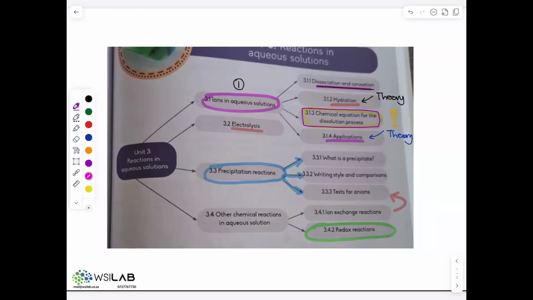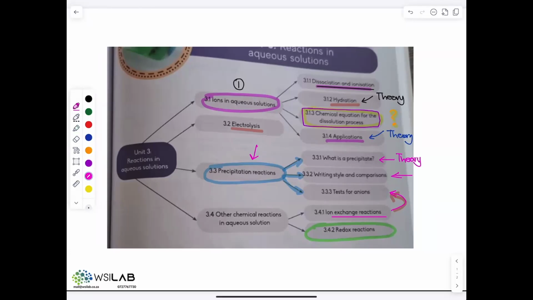And then next week, we'll be looking at this very important section on precipitation reactions. This is just what is a precipitate. You're just going to learn it, look at it. And then we're going to be writing these equations. I don't know why they put ion exchange reactions there because these are exactly the same. I'm going to put ion exchange reactions with our precipitation reactions. And then we're going to learn when precipitation happens.